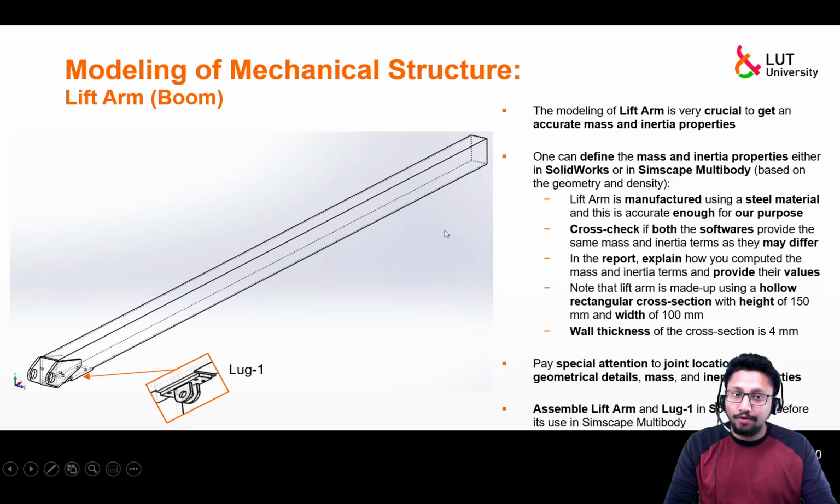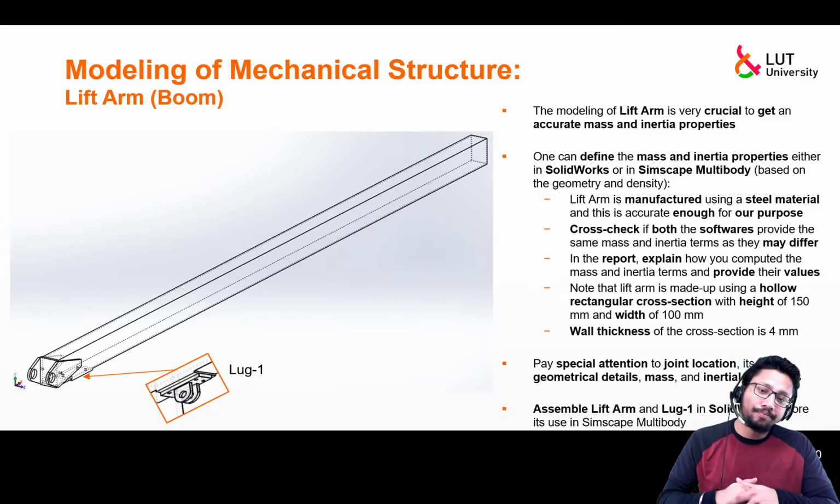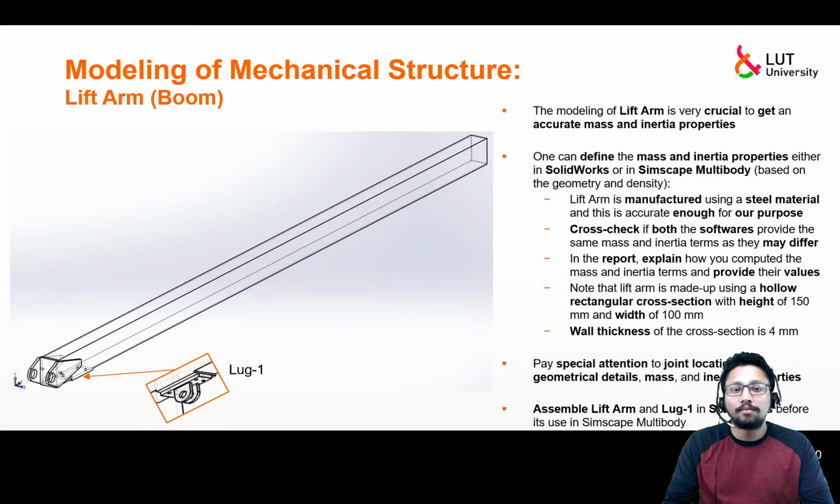In modeling the lift arm, you cannot neglect this, because later on we will model this lift arm as a flexible body, and in fact it is also moving, so you cannot neglect the modeling of these material properties here.